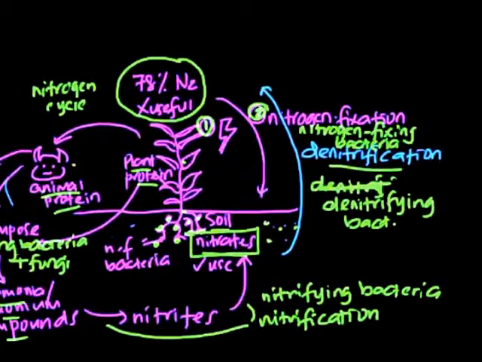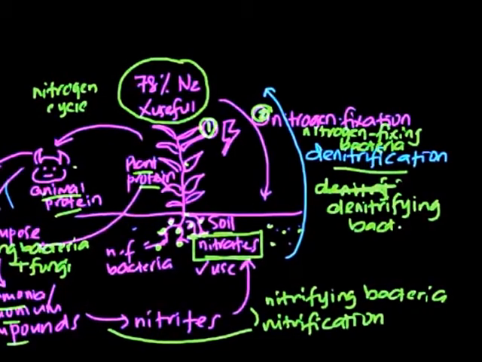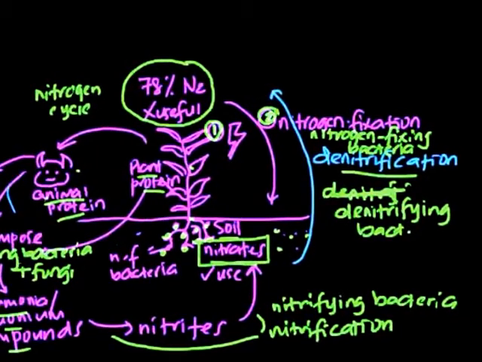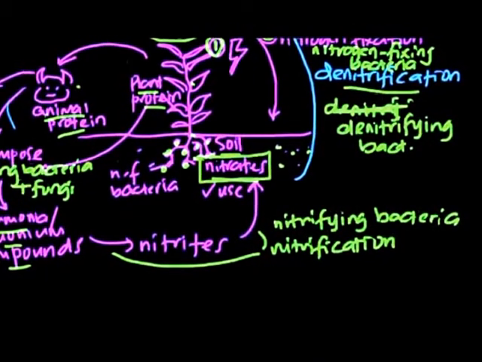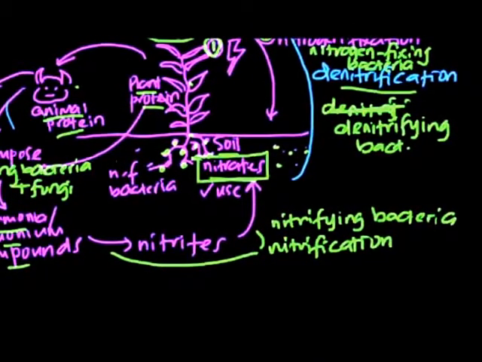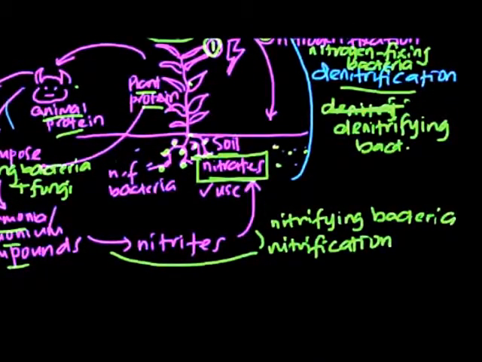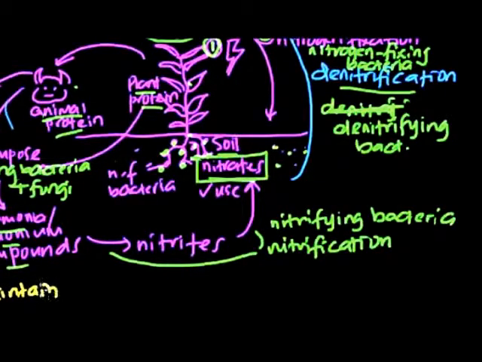And why is the nitrogen cycle important? Well, the nitrogen cycle is important for the plant in many aspects. First, it's important to maintain the concentration of nitrogen gas in the air.